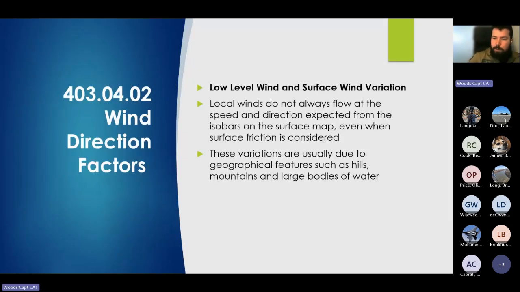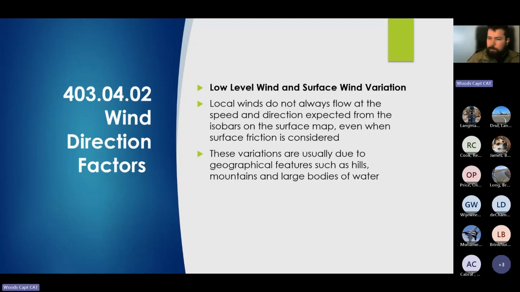So, low-level winds, so winds at or near the surface of the Earth, don't always go in the direction you'd expect. We can do the theoretical physics aspect of how we'd expect the winds to go. But once we start getting close to the ground where there's trees and mountains and hills and buildings and oceans or lakes and rivers, all sorts of little local effects can cause different effects.